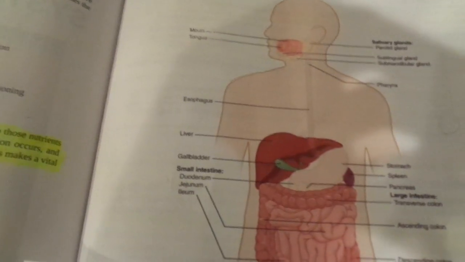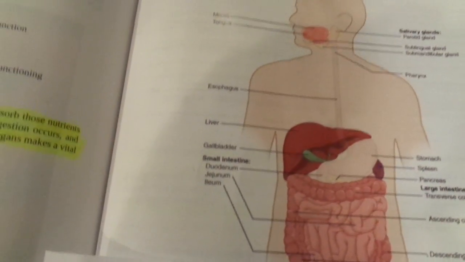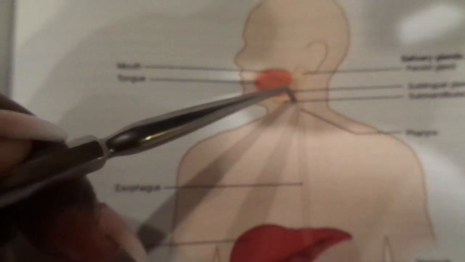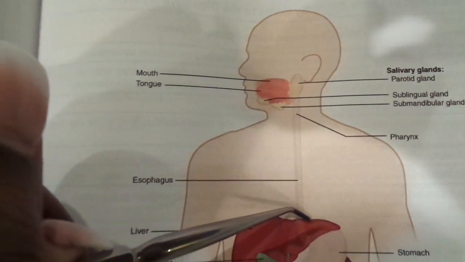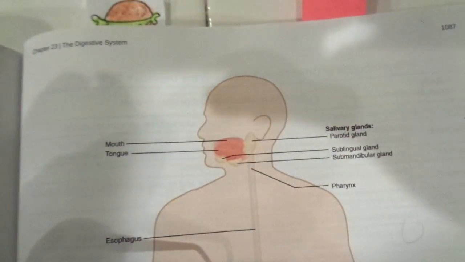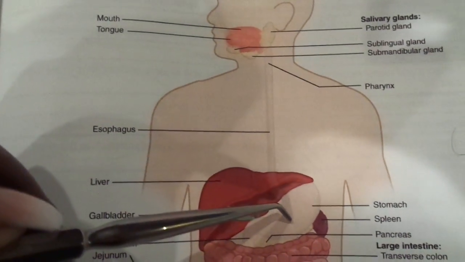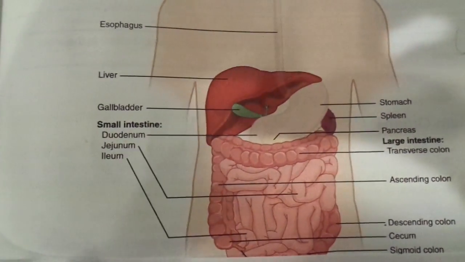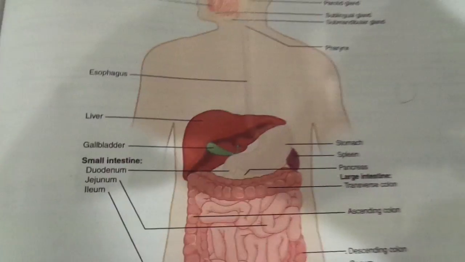So the digestive system is comprised of several organs. The organs include the mouth, the pharynx, the esophagus, the stomach, which is right here, and the small intestine, the large intestine, and then also it has accessory organs.